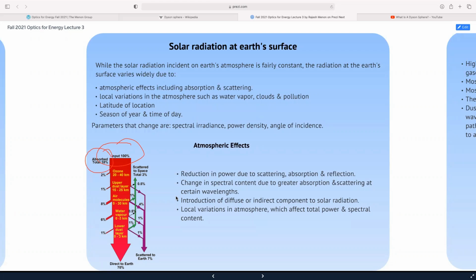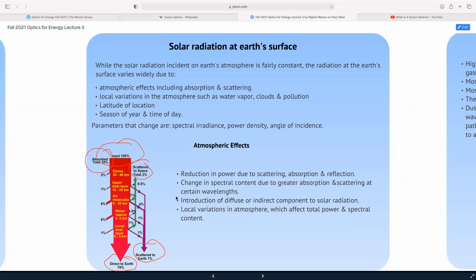About 3% is scattered back into space, and about 7% is scattered to Earth. What does that mean? That means some of the light, instead of going straight through, gets scattered in all directions. It might scatter back to Earth as well. So what you end up collecting direct to Earth is about 70%. That's what comes unscattered. And then about 7% comes diffuse.